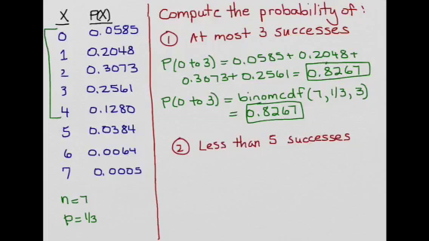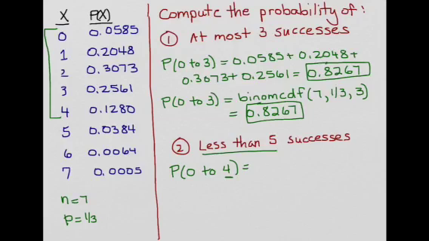So again, we could add up those values, and you can do that. But what I can also do is say that this is the probability of 0 to 4 successes. And notice that it has to be a 4 here because it's less than 5, so we can't include the 5. We go right up to just before 5.